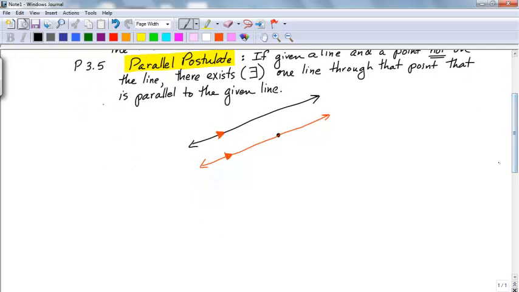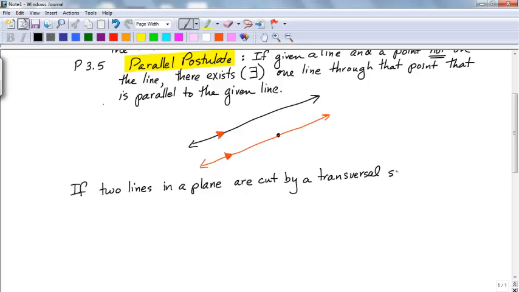And then we're going to kind of tie these together. If two lines in a plane are cut by a transversal so that, that's kind of the beginning of each one of these, or sorry, these would be theorems.